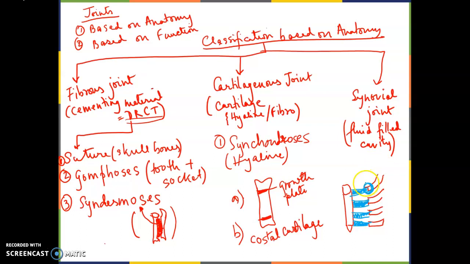This is a synchondrosis. So growth plate is synchondrosis, and the joint between the ribs and costal cartilage is synchondrosis. Good. Are we good, class? Moving on to the next type of cartilaginous joint.